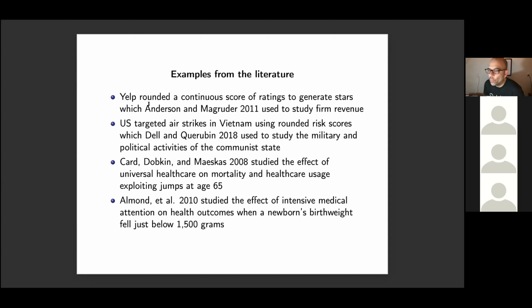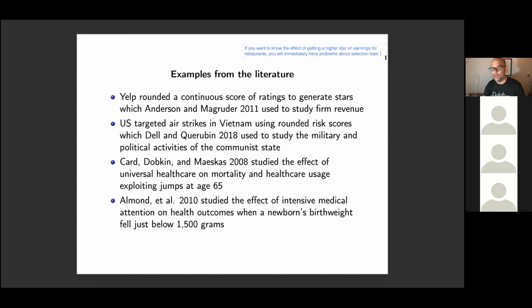Anderson and Magruder wanted to know the effect of getting a star. Well, the problem is, if you want to know the effect of getting a higher star on earnings for restaurants, you will immediately have problems about selection bias.